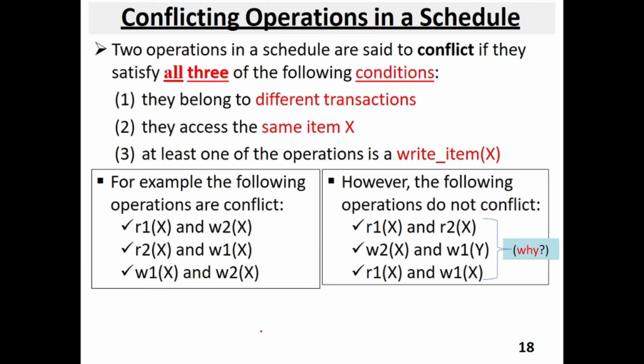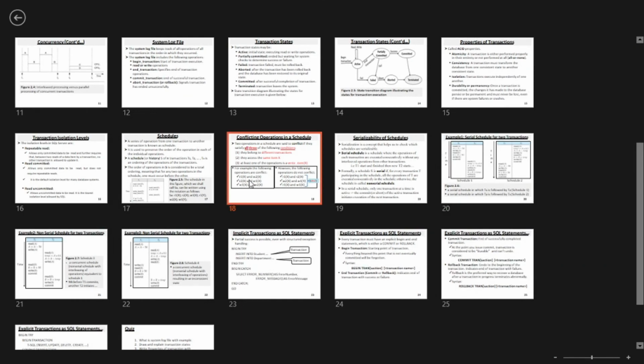There are 3 conditions of conflict. Two operations in a schedule are said to be in conflict if these 3 conditions are satisfied. The first one is that they belong to different transactions, that means T1 and T2.